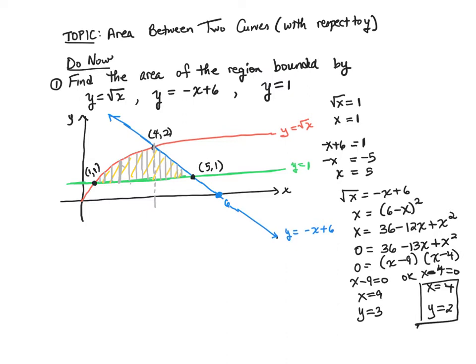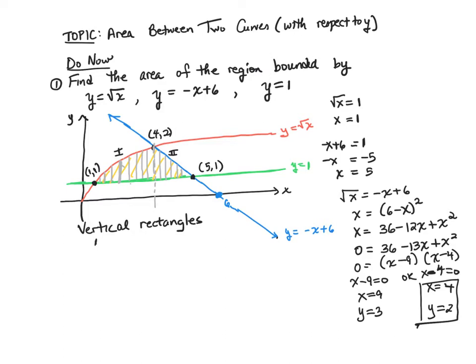So if we were to do this using vertical rectangles, we would need two integrals. One for this region between x equals 1 and x equals 4, and another one in this triangle, which we really don't need a rectangle to get the area of a triangle, but let's try.